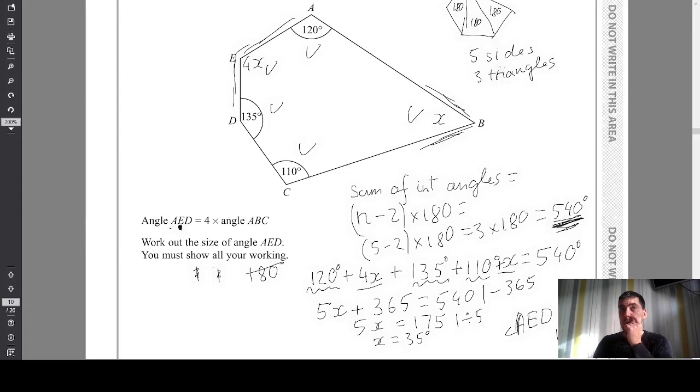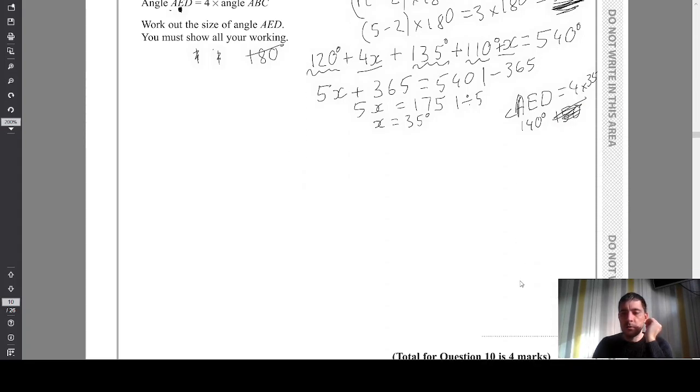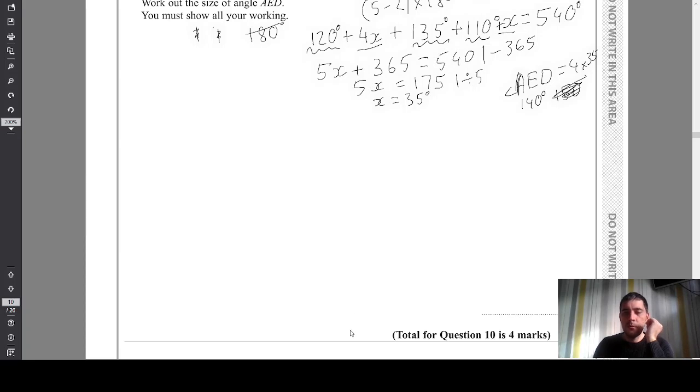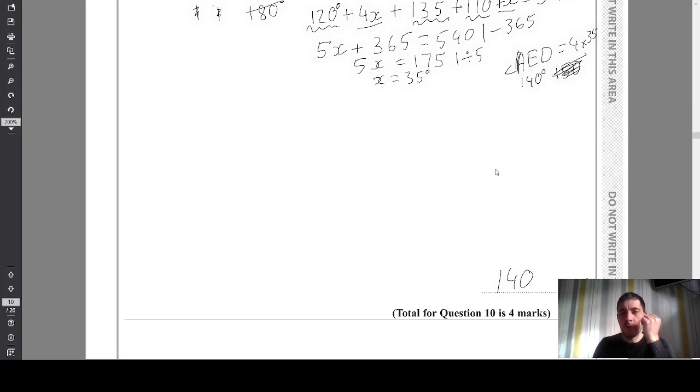Sorry, was it? No, my bad, not 150, because I just tried to use my mental maths. 140 degrees, ignore that 150, that's the incorrect one. So the next bit is give the answer and collect all the marks. 140 degrees. Move on to the next question.